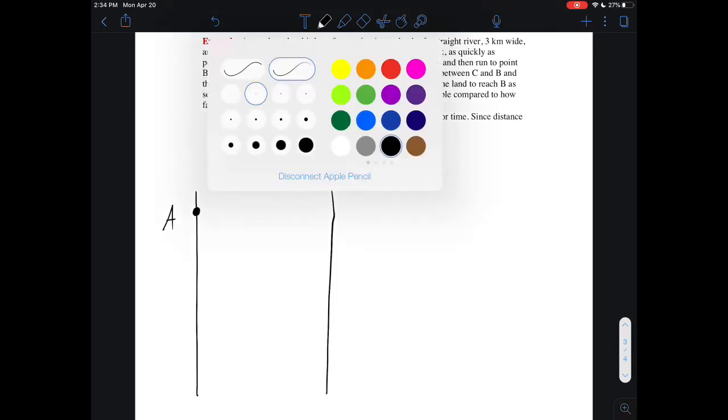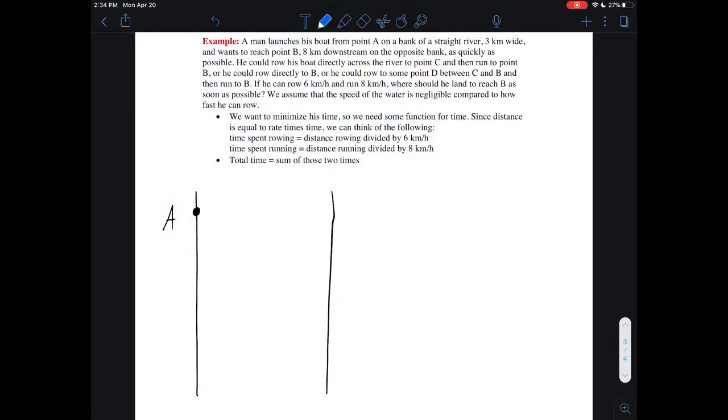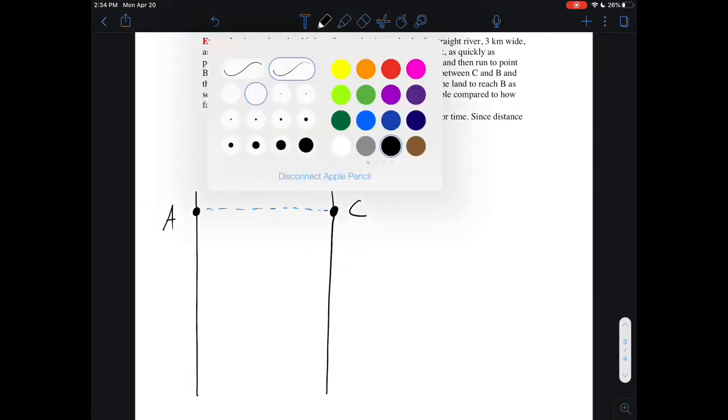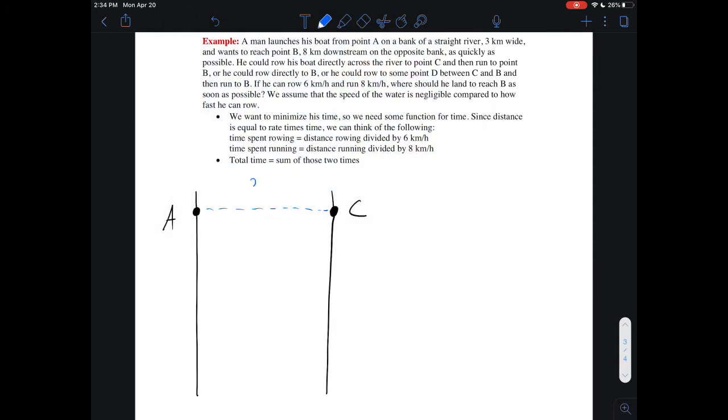And if I was to just go straight across, they said if he rowed straight across the river, that would reach point C. So here's C, and that's 3 kilometers across.